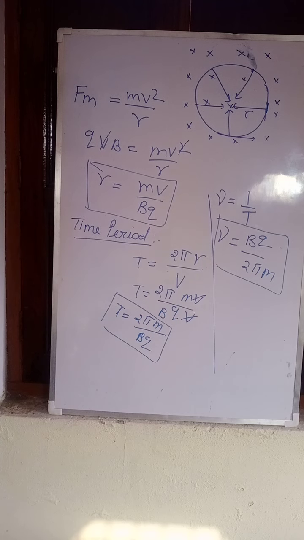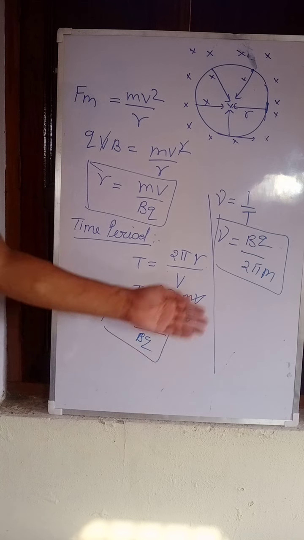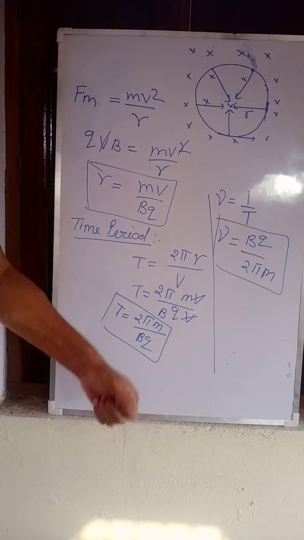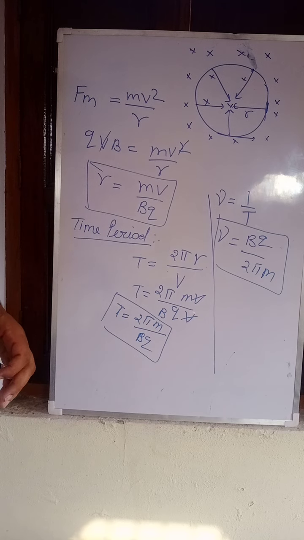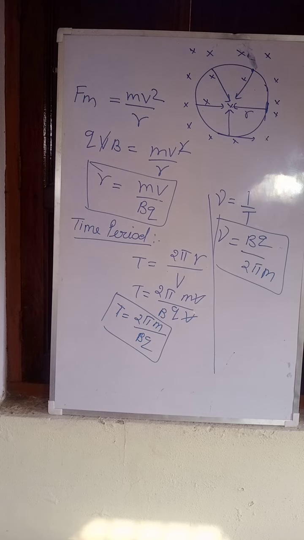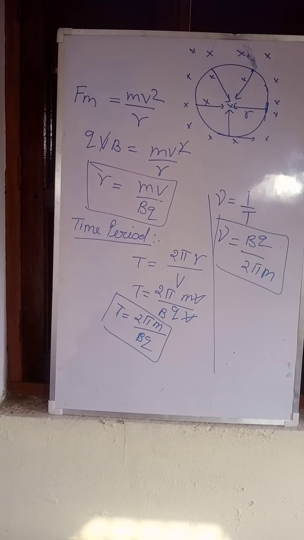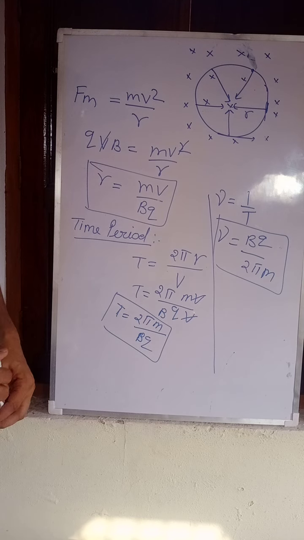You can see again, frequency does not depend on velocity, and this characteristic, that frequency does not depend on velocity, is used in many places. You will study about the cyclotron in this chapter also. The cyclotron is basically based on this characteristic, that frequency does not depend on velocity.